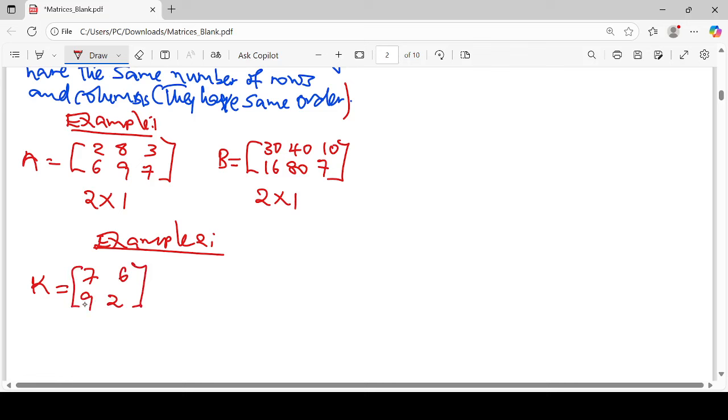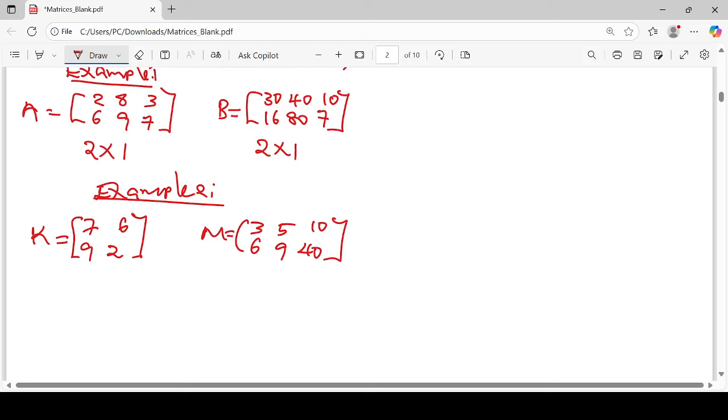That is matrix K. Then you have another matrix M here, whose elements are maybe, let's call 3, 6, 5, 9, maybe 10, 40, like that. When you look at the order of matrix K, matrix K is a 2 by 2 matrix, while matrix M is a 2.